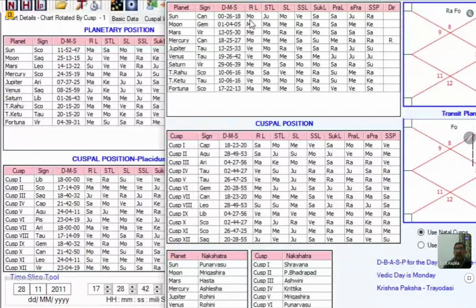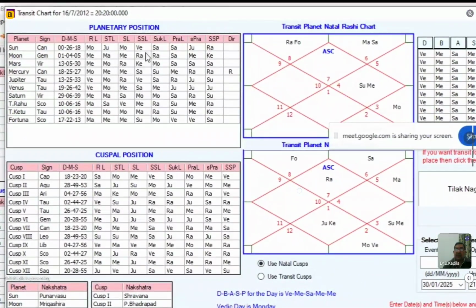What is important in horary is that if any planet is transiting in a sign which is not present in the required cusp, then we have to look for the significations of that particular sign lord. And if the significations of the sign lord are very strong, then that transit is okay, or the transit of Sun in that particular sign is okay.